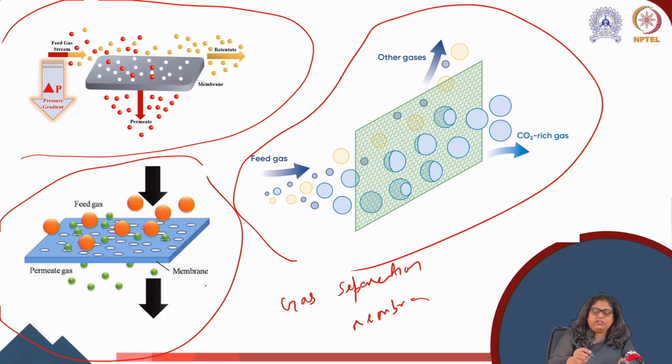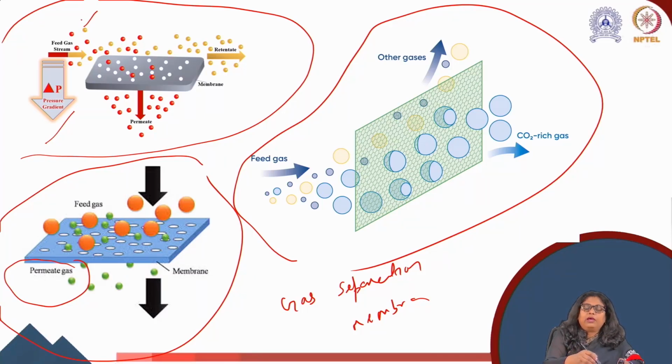We can see the feed gases going through, and some gas is allowed to pass through, which we call the permeate gas. Here the permeate gas is the CO2. This is the feed gas, and two colors of gas molecules are shown here.